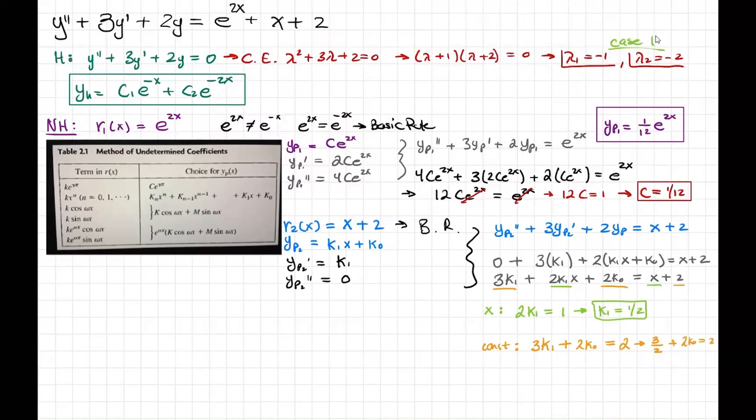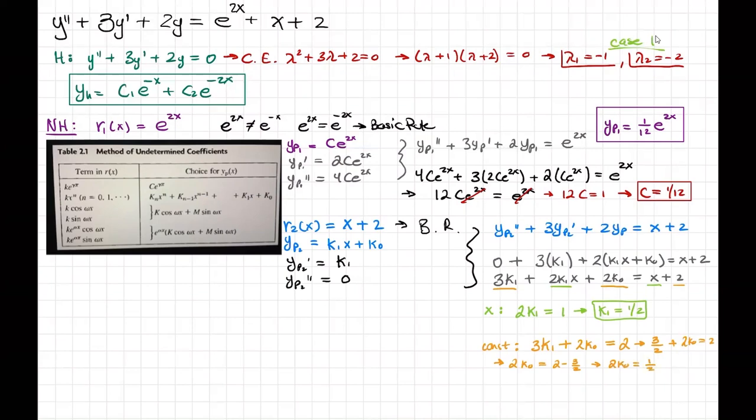So when we factor this one out, we're going to get here 2k0 equals 2 minus 3/2, which then we have 2k0 equals, so 2 is 4 over 2, so that's 1/2.